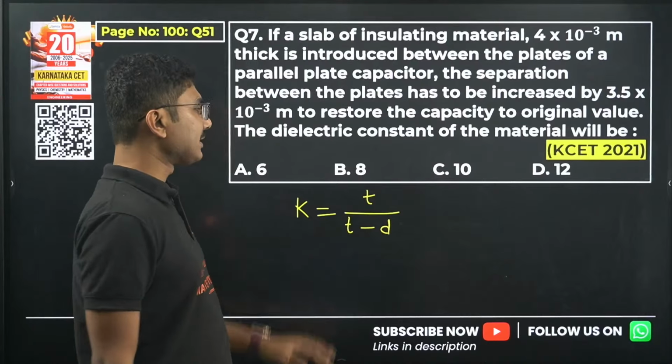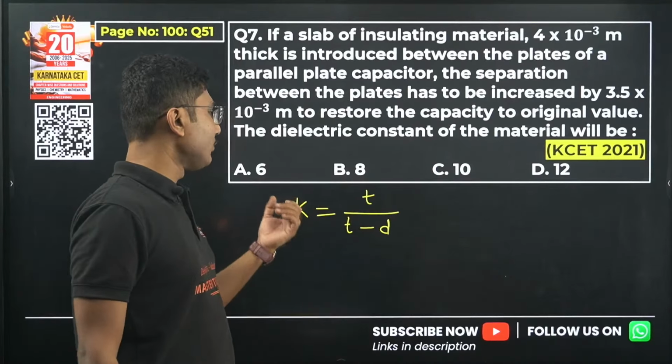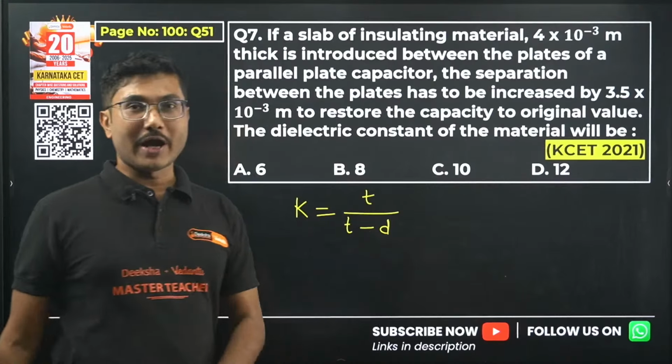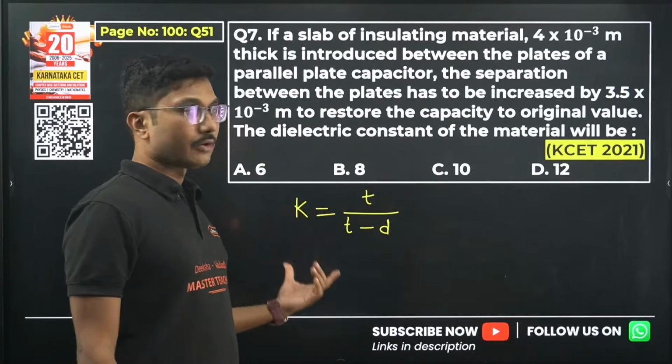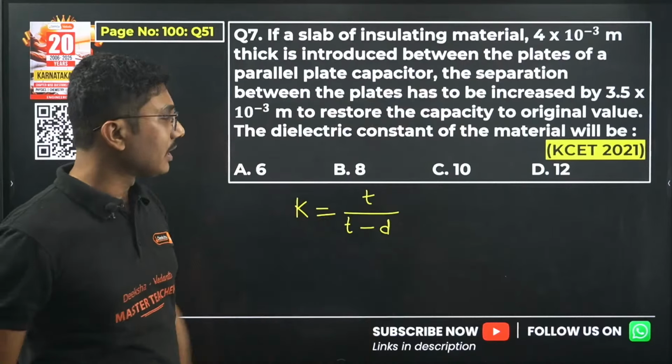So this is the formula. Sometimes K will be given and you have to find t. Sometimes K and t will be given and you have to find d. Based on the question, if you remember this formula, you can solve any similar question.